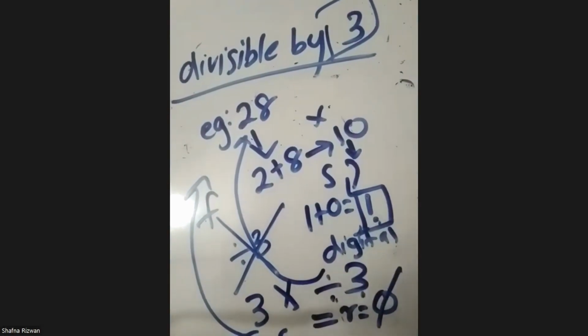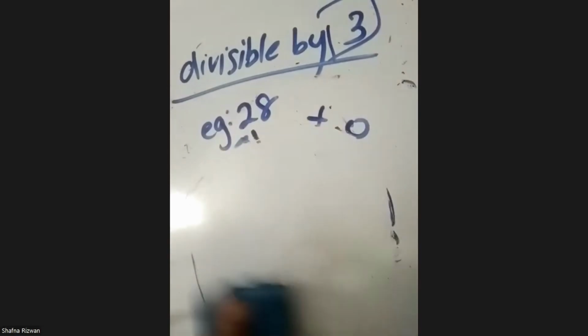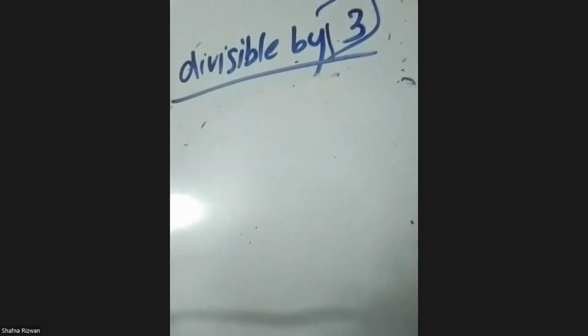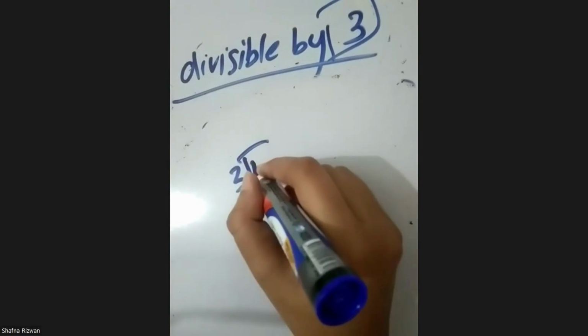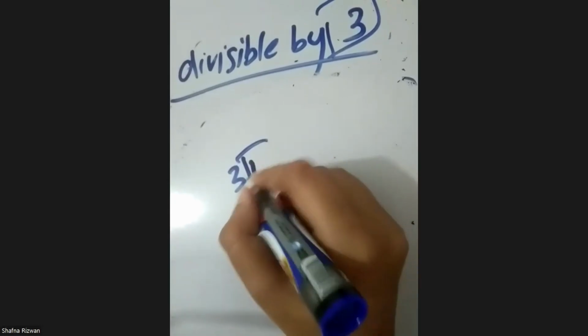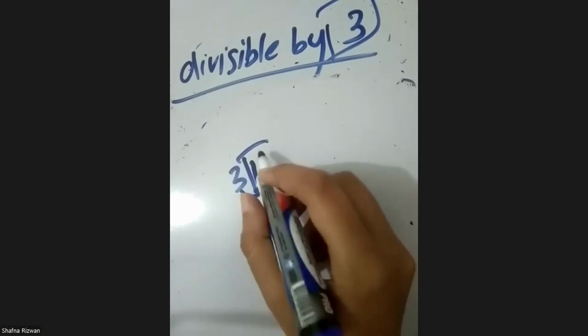Did you all understand? Digital root 1, you can't divide by 3 and get a whole number. Okay, remember that. If you are wondering how it happens, just divide and see. 1 divided by 3. Do you have 3 inside 1?